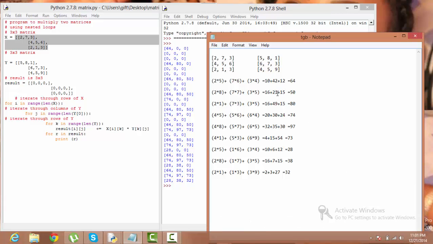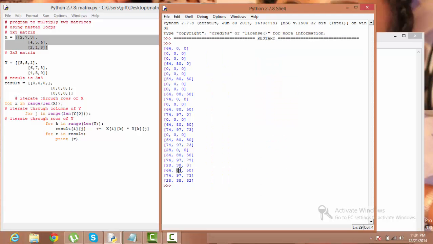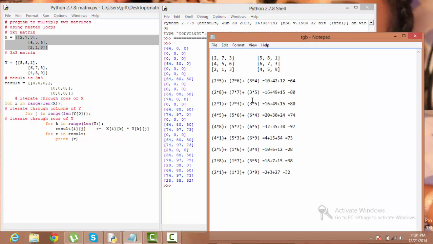Okay, I see the mistake here. 7 multiplied by 7 is 49. So if we add that up, we're going to have 80. That is 2 multiplied by 8, 7 multiplied by 7, and 3 multiplied by 5. If we add this all up, we get 80. And if you look here in the Python shell, we have 80 as the second number there.